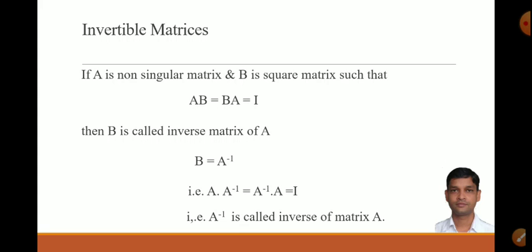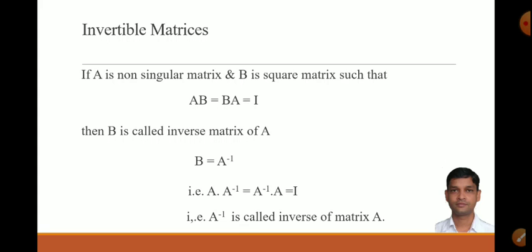Means the multiplication of both matrices is identity. Identity matrix for 2 by 2 is 1 0 0 1. For 3 by 3 it is 1 0 0 0 1 0 0 0 1.